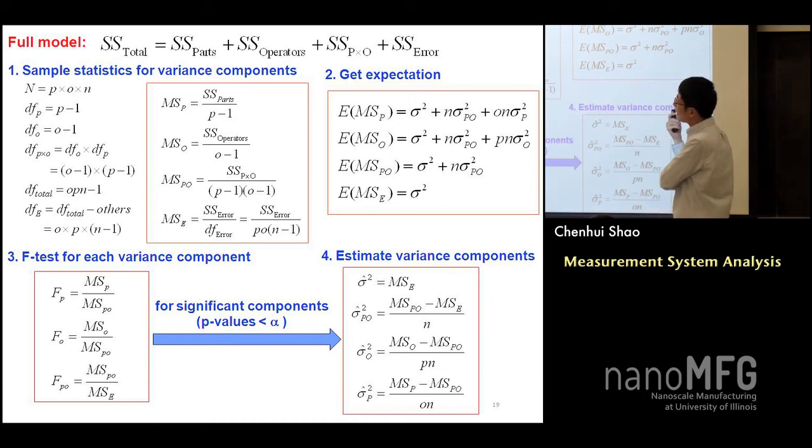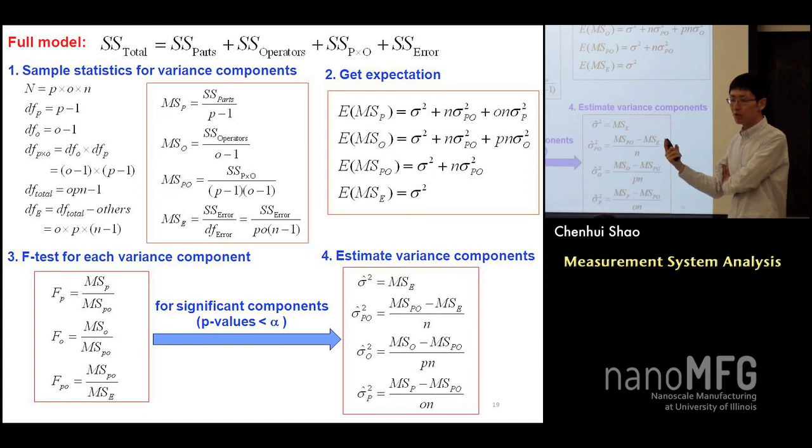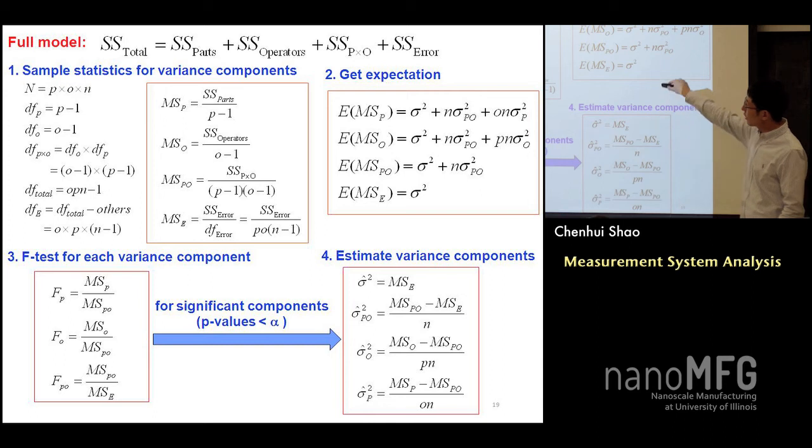Then the degrees of freedom for part is P minus 1, because we lose 1 degree of freedom by estimating the parameter regarding part. Similarly, we have all of these like this. The mean square is given by the ratio of the sum of squares and the degrees of freedom, calculated for all of them.